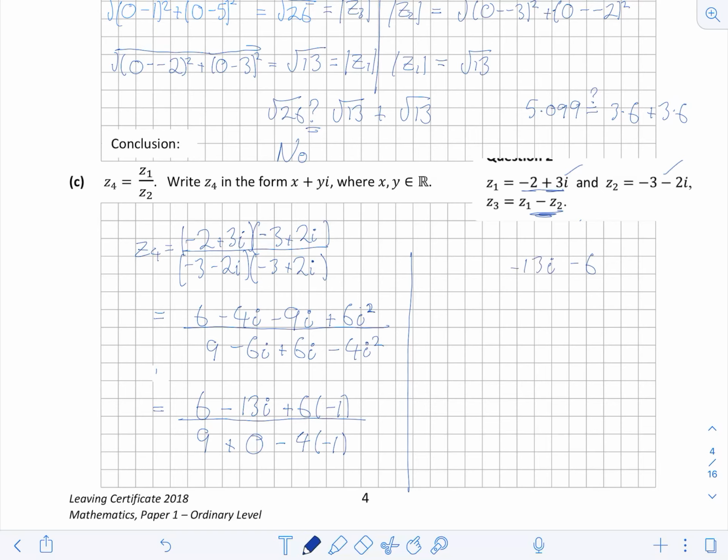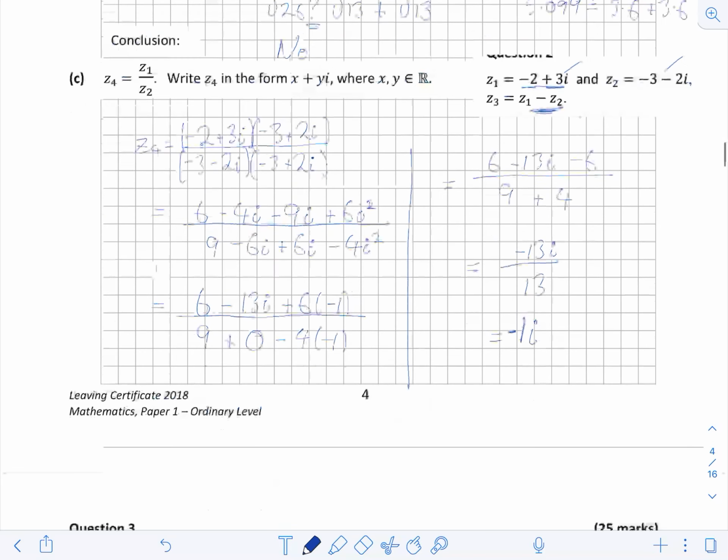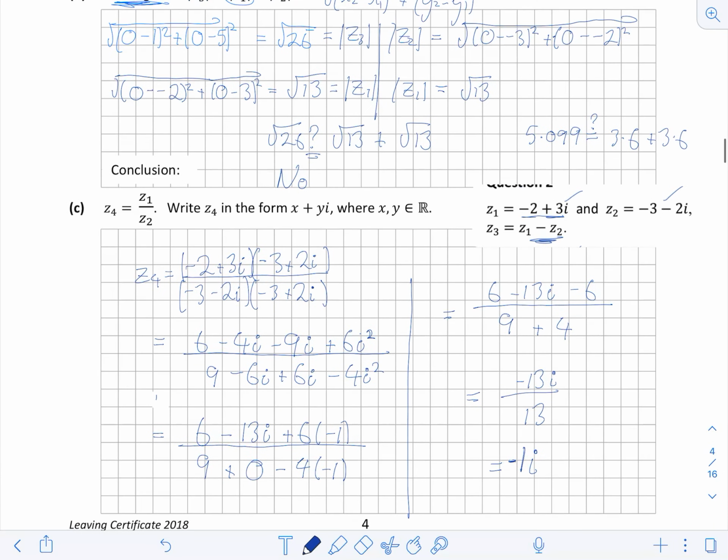Minus 13i, and I already had 6 up there. That's going to be all over 9 plus 4, because I have a minus 1 multiplying a minus 4. So that's now going to be minus 13i over 13, and that's going to equal minus 1i, or minus i. Yep, I think that's it. So that's question 2 done.